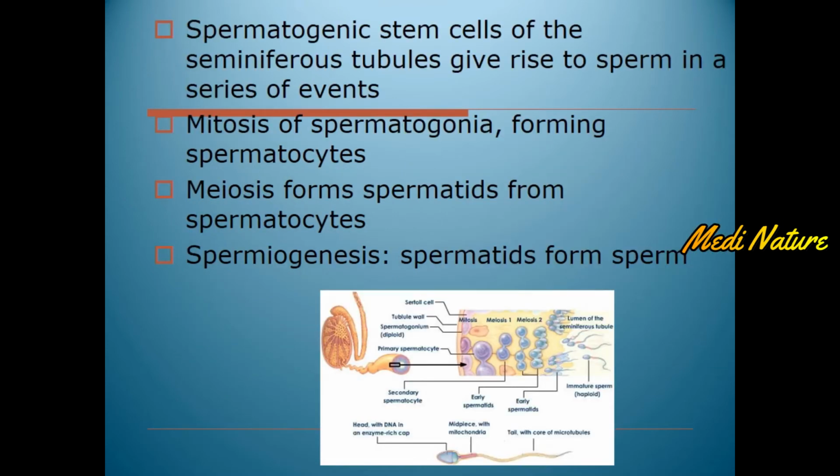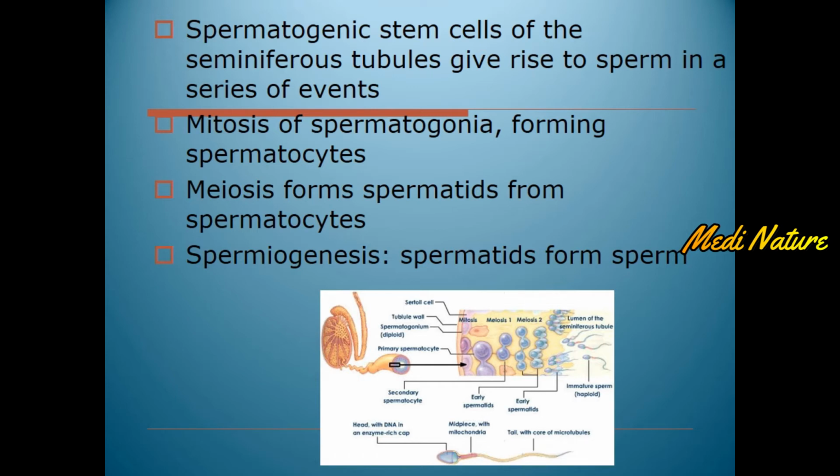In the seminiferous tubules, there are spermatogenic stem cells. They give rise to sperm in a series of events. In the initial steps, a type of cell called spermatogonia undergoes mitosis and forms spermatocytes.